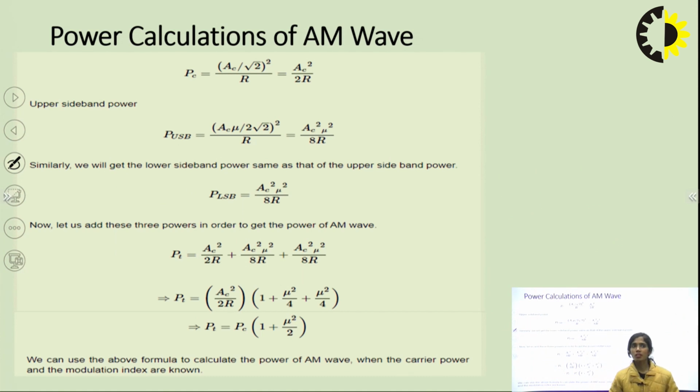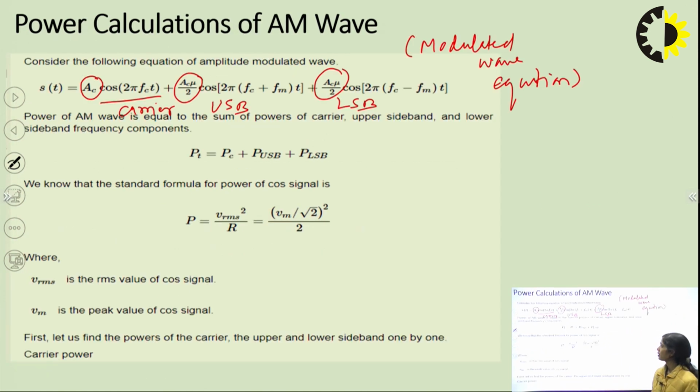Now, coming back to the power calculation part, we have 3 components. The total power can be calculated as the sum of the power of the carrier, upper sideband, and lower sideband. So we have 3 powers: carrier power, upper sideband power, and lower sideband power. We calculate the power with the help of RMS voltages.